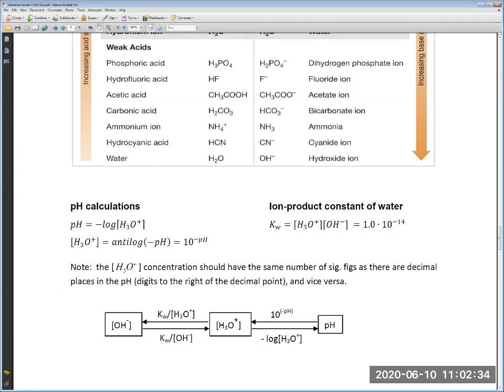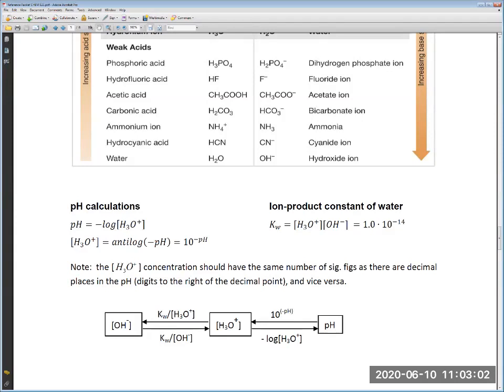So when a solution, for example, has a pH of 3, and then you look at a solution with a pH of 2, it's a difference of pH of only 1, but the concentration of hydronium ion in the pH 2 solution is 10 times more than the concentration of the hydronium ion in the pH 3.